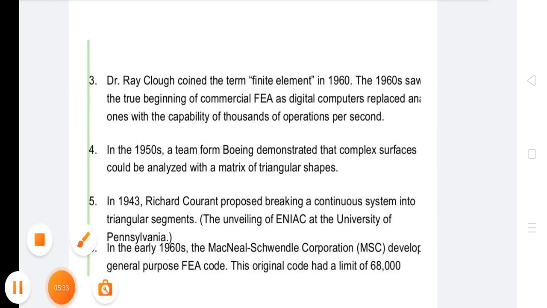In the 1950s, Boeing demonstrated that complex surfaces could be analyzed with a matrix of triangular shapes. In 1943, Courant proposed breaking a continuous system into triangular segments.